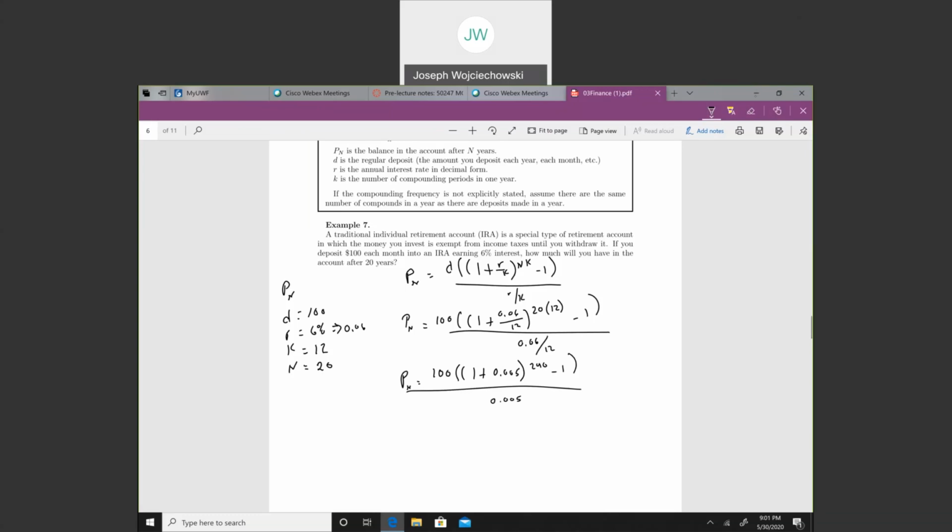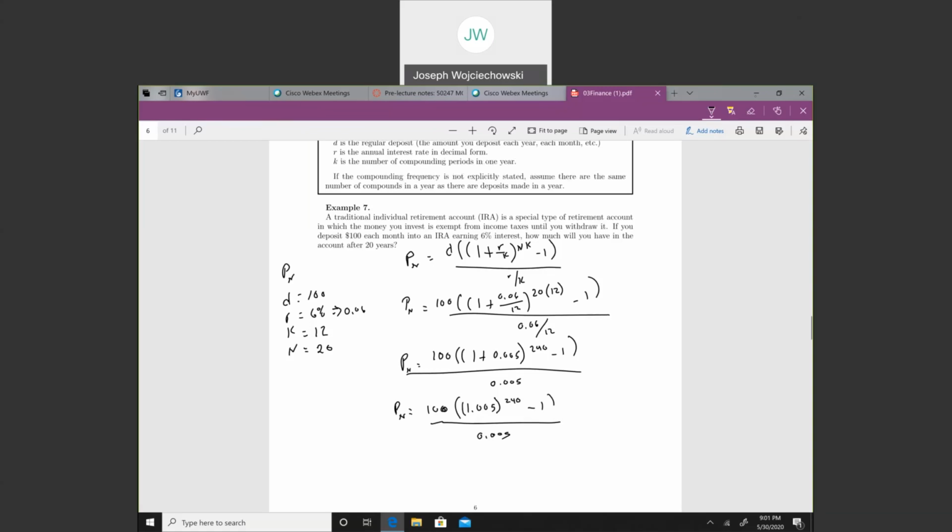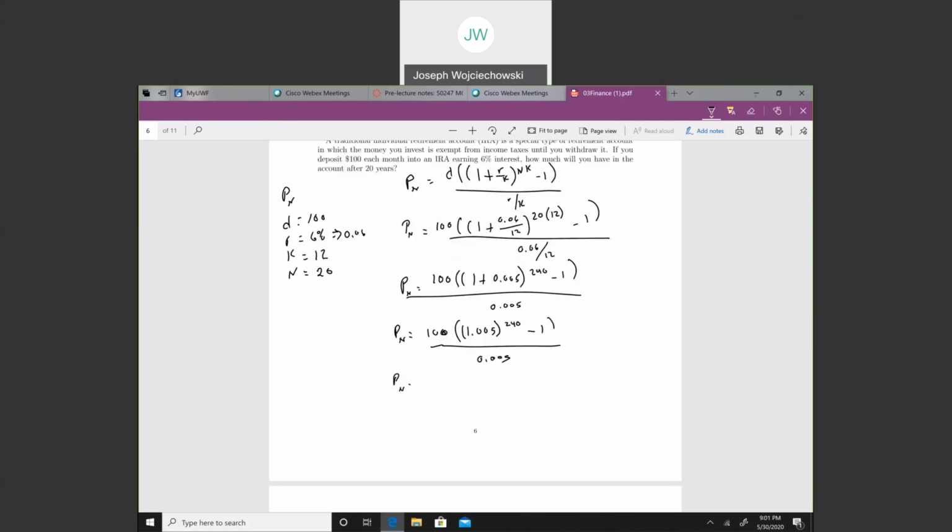So again, our principal after n years is equal to 100 times 1.005 to the 240th power minus 1, and all that's over 0.005. 1.005 to the 240th power is 3.3102. So P sub n equals 100 times 3.3102 minus 1 over 0.005.